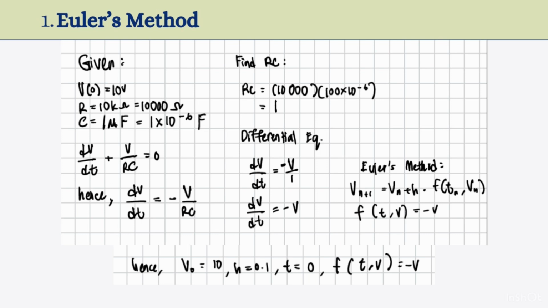So for the Euler equation, Vn plus 1 equal to Vn plus h times function of Tn, Vn, where the function of Tn, Vn equal to negative V. Then we need to find the voltage at t equal to 1 second using this formula.